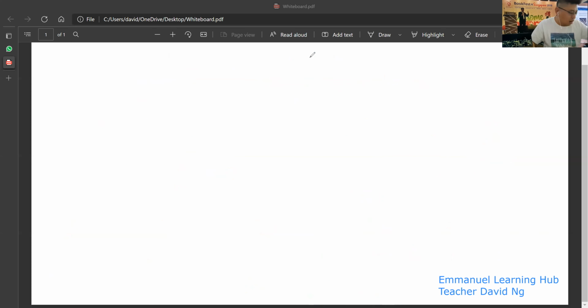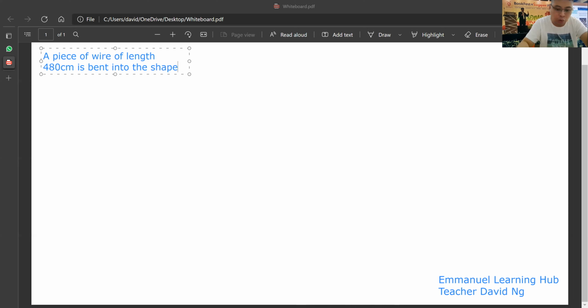Okay. Then I have another question. Another question is: a piece of wire of length 480 cm is bent into the shape as shown in the diagram.